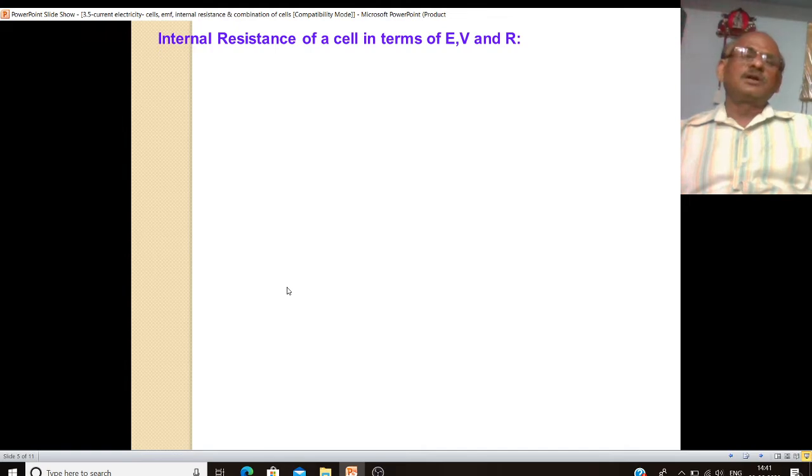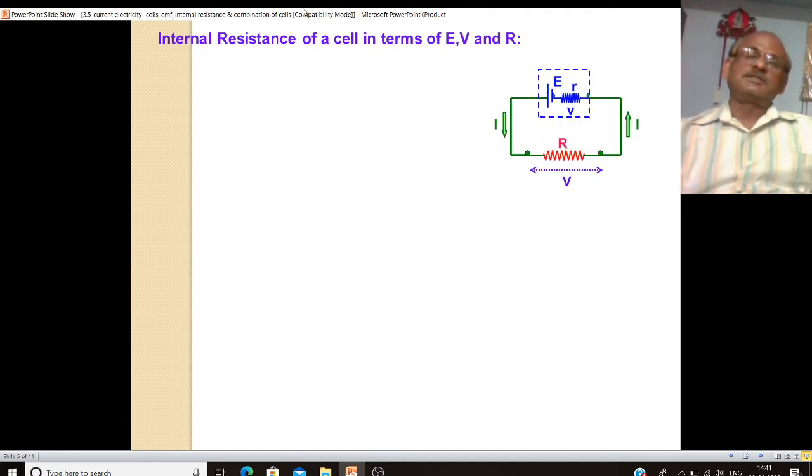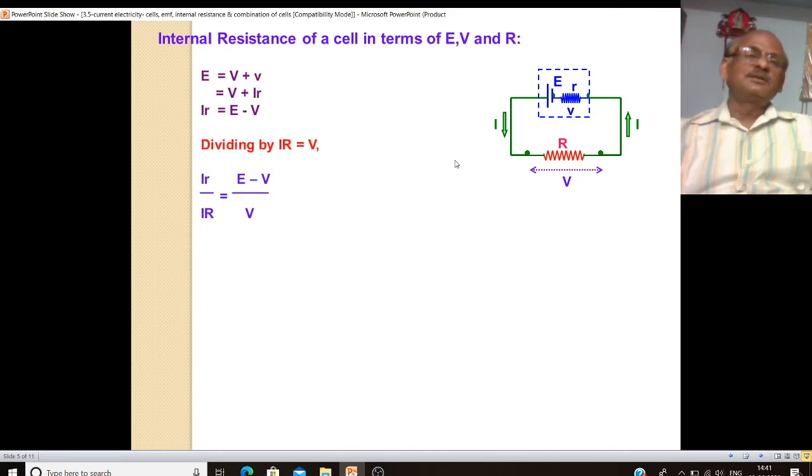Internal resistance now in terms of EMF, terminal potential difference, and load resistance. If we use the circuit equation here, we will find Ir equal to EMF minus terminal potential difference.